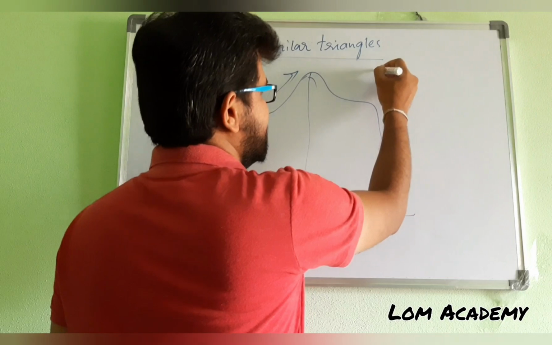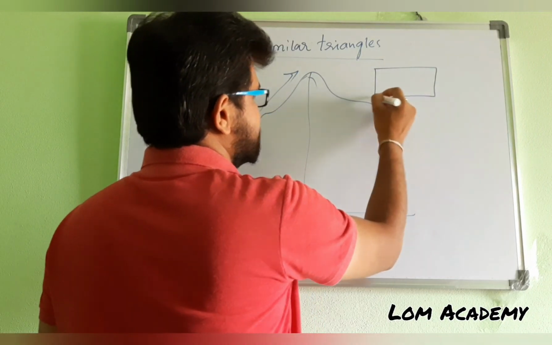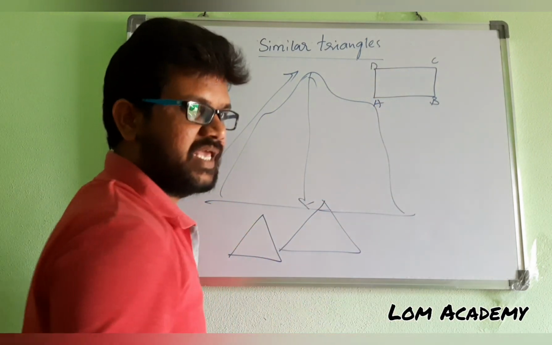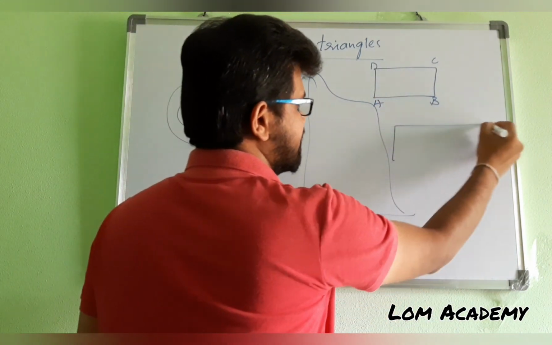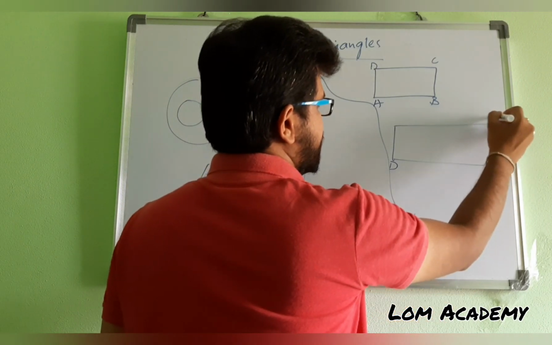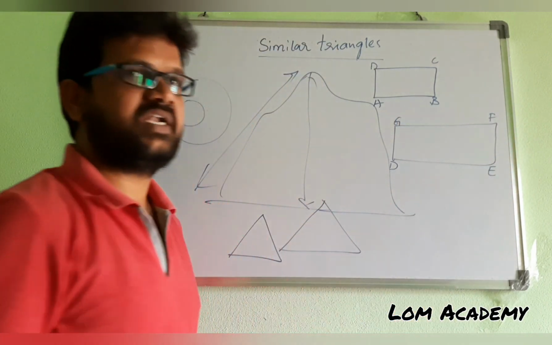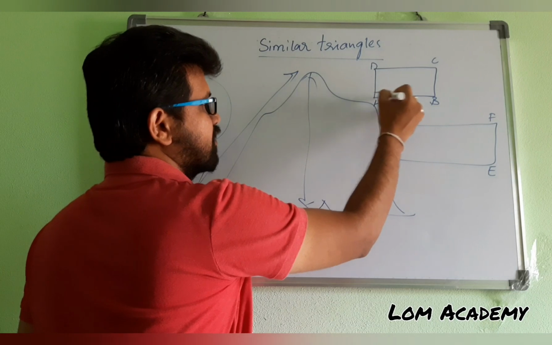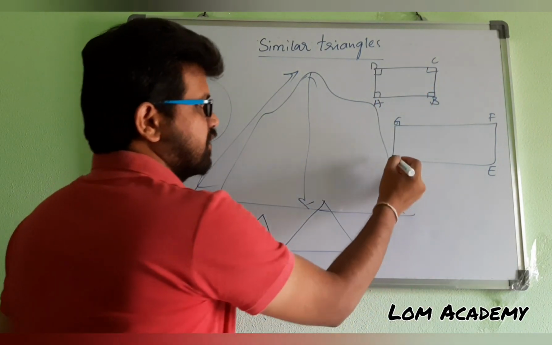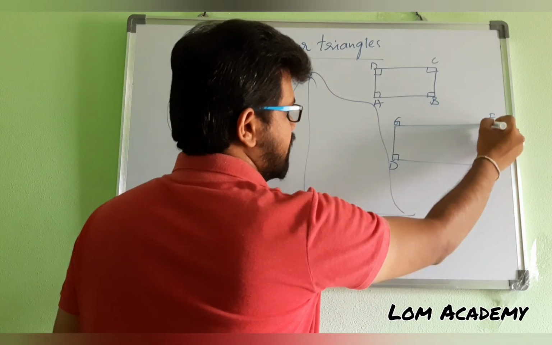Why? Because see here, I am taking this one rectangle ABCD, and this is another rectangle DEFG. We know that in a rectangle all angles are 90 degrees. Here also the angles are equal.